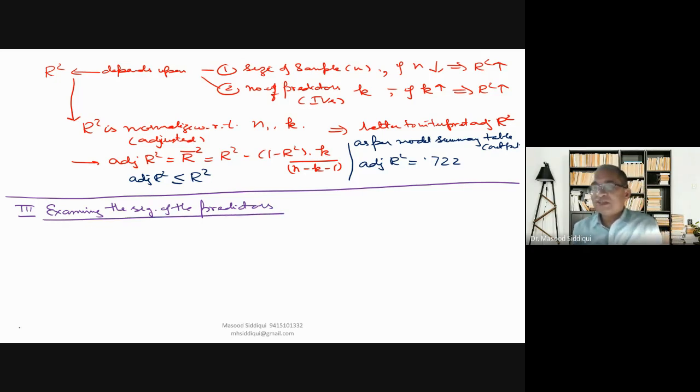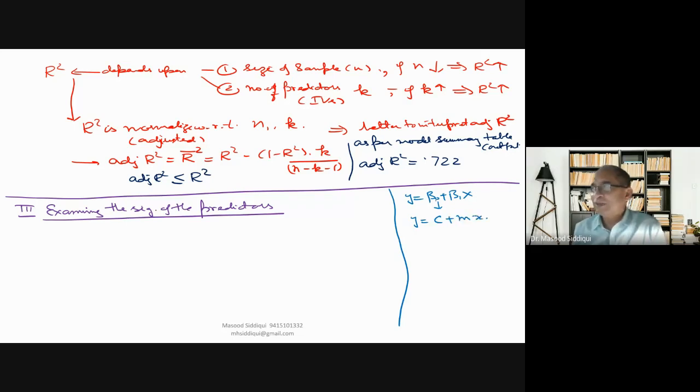Just to establish the concept, I am taking an example of bivariate regression. Suppose this is a bivariate regression model, y is equal to beta 0 plus beta 1 x. If we compare it with the regression line, this is parallel to y is equal to mx plus c.